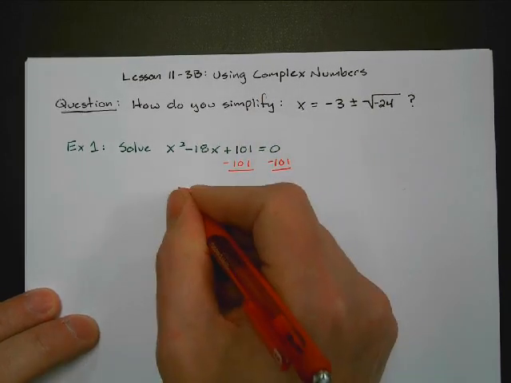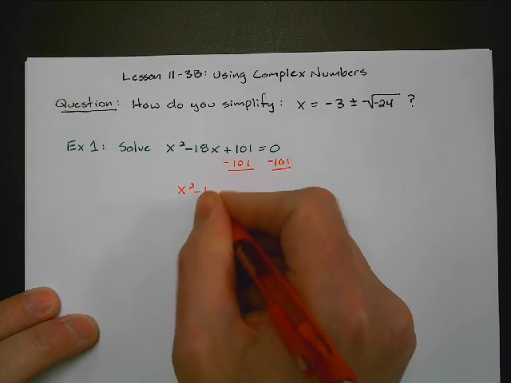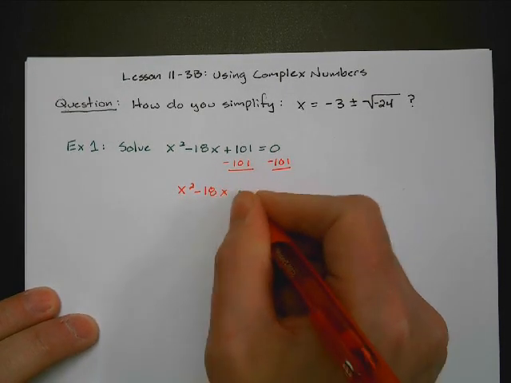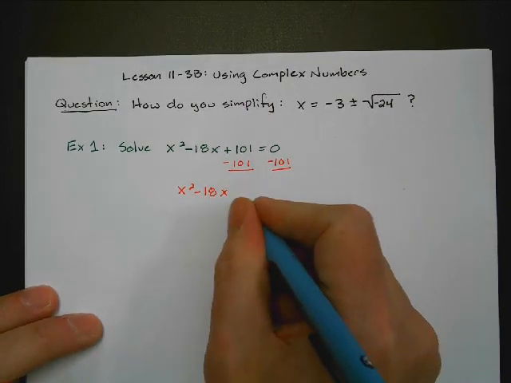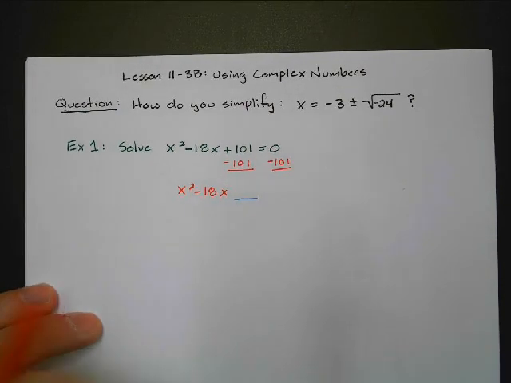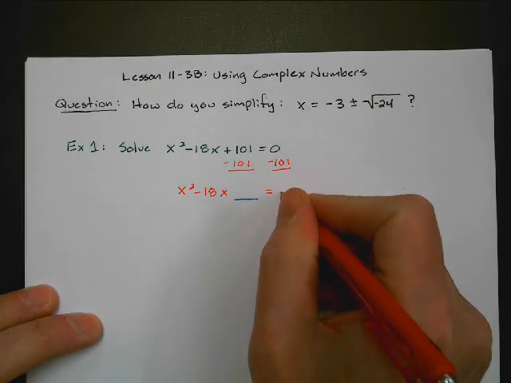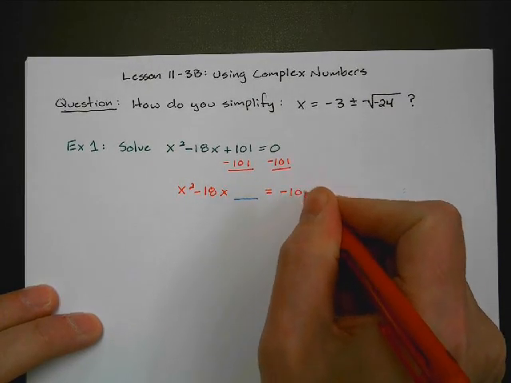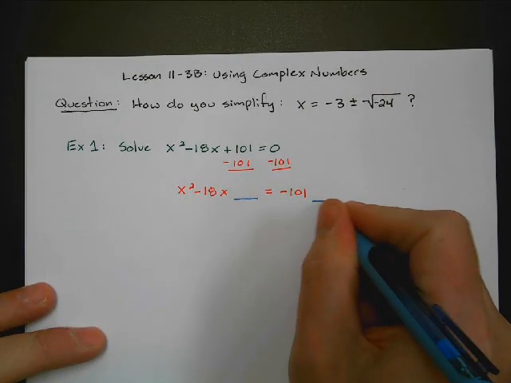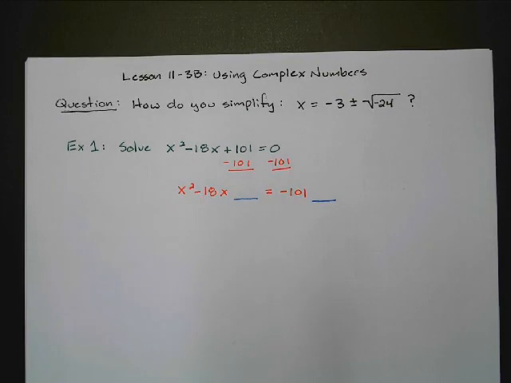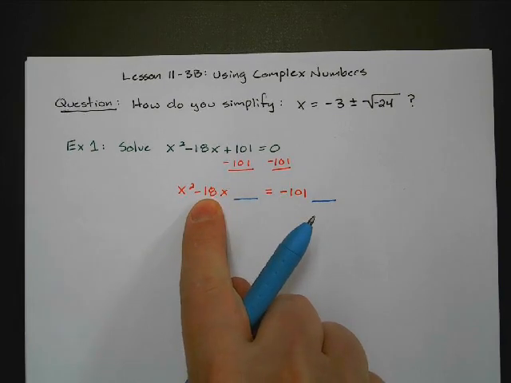We get x squared minus 18x equals -101. I'm going to leave a little bit of a blank here. The reason why I'm leaving the blank is because now we're going to complete the square, which means we're going to have to take this b value, divide by 2, and square it.